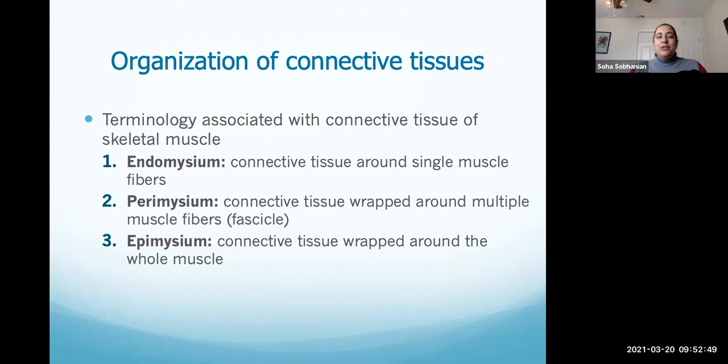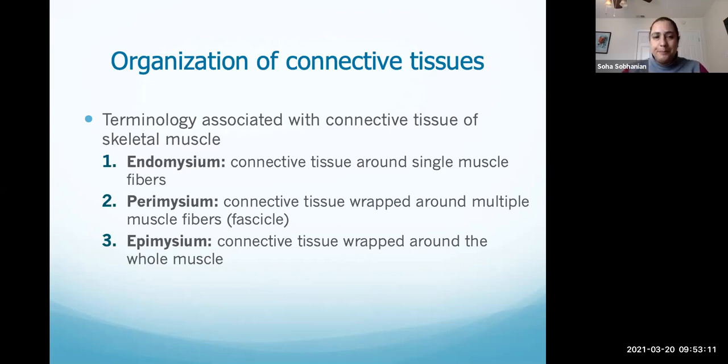So among these three layers, epimysium is going to be the one that goes on top of everything else. Perimysium is going to be a level below that, so it's wrapped around the structure. And endomysium is going to be the innermost layer of connective tissue.